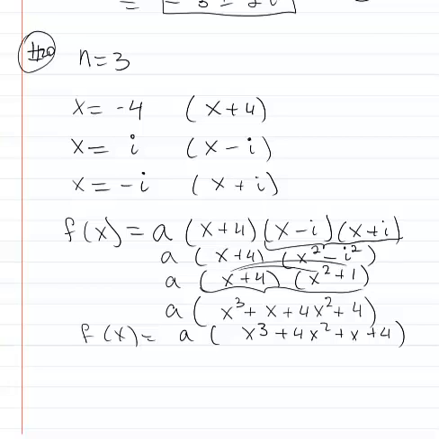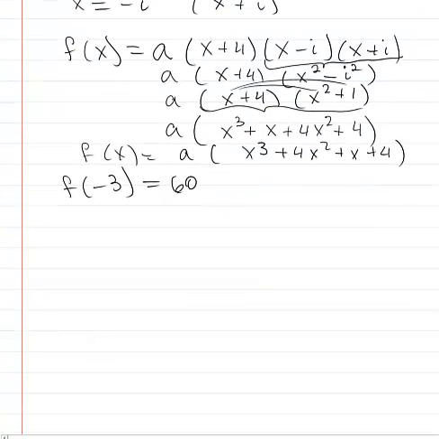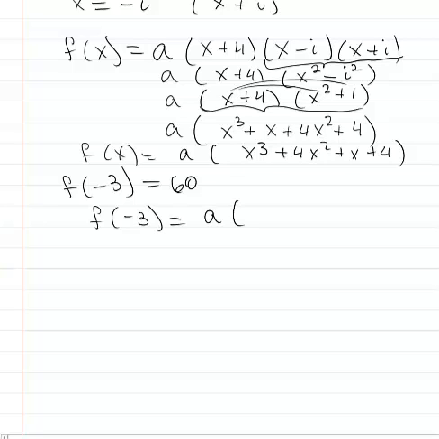The problem is that I don't know what it is. Therefore, I have to use this condition that f of negative 3 equals 60. What does that mean? That means if I put negative 3 inside, I'm going to have to plug it in. So it's going to become negative 3 cubed plus 4 times negative 3 squared plus negative 3 plus 4.